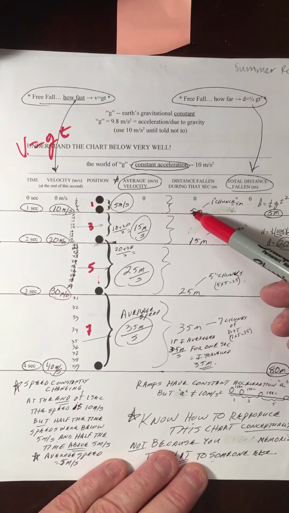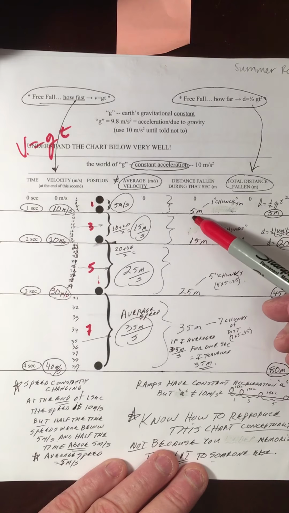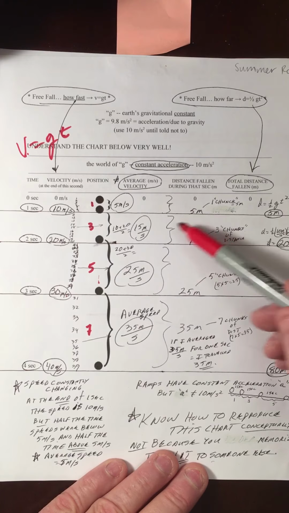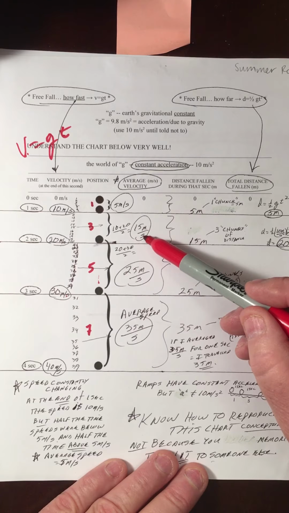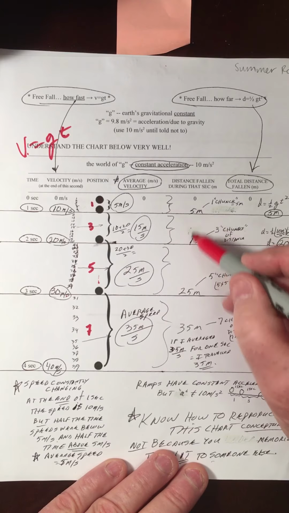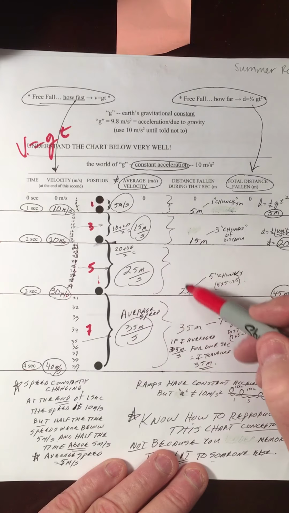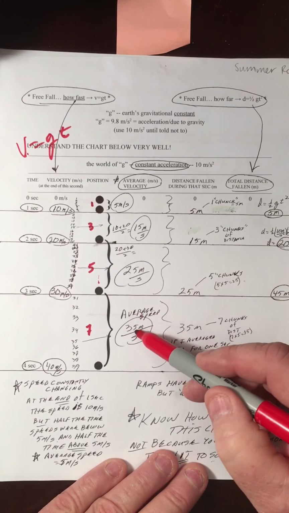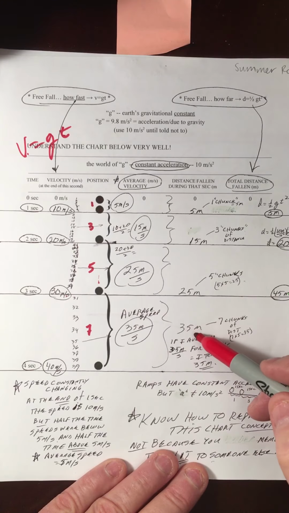So at the end of 1 second, it's traveled a total distance of 5 meters. How far will you travel during the second second? The average is 15 meters per second. I travel for 1 second, so I should travel about 15 meters during this second. How about during this time? I should travel about 25 meters, and during this one, 35 meters.